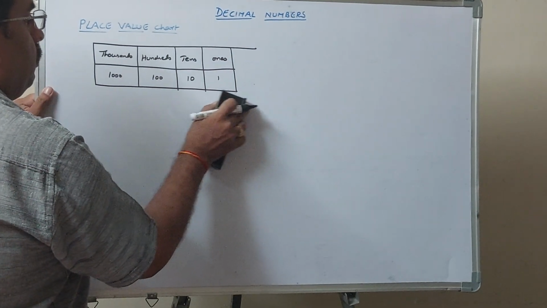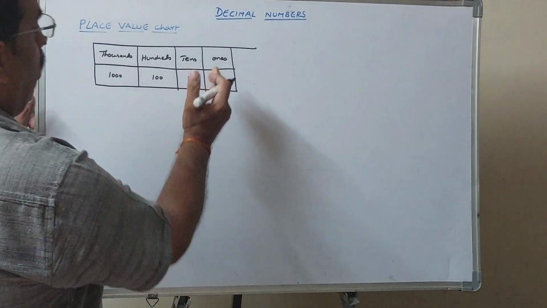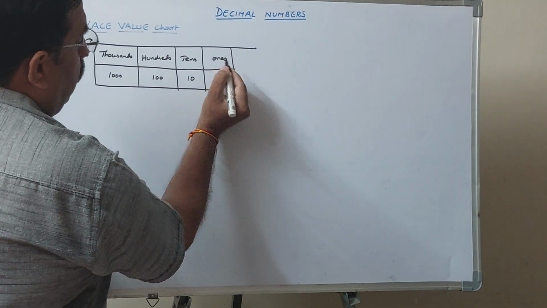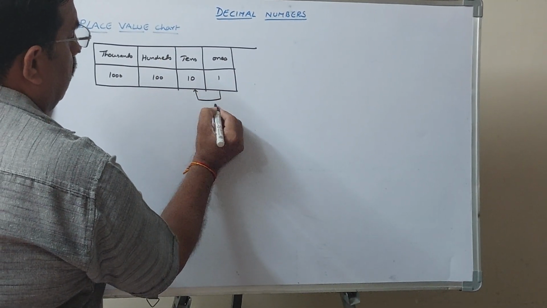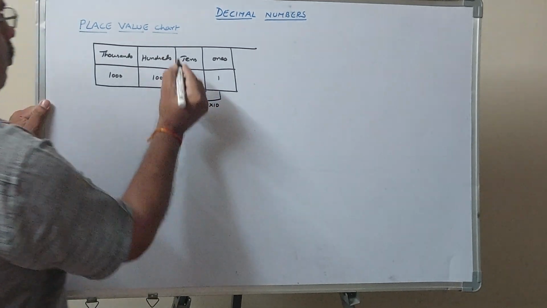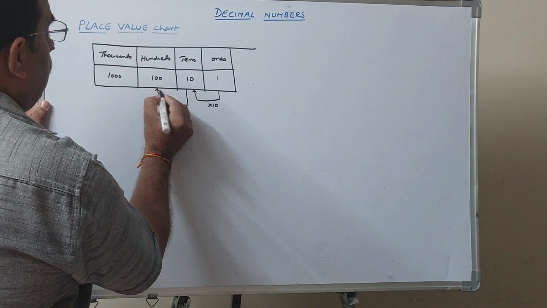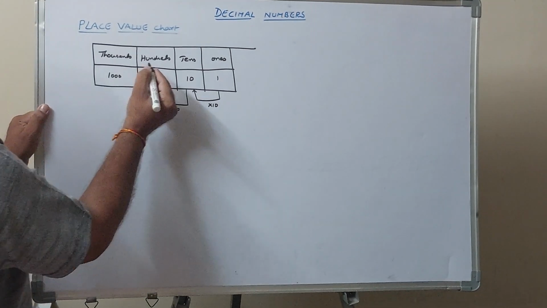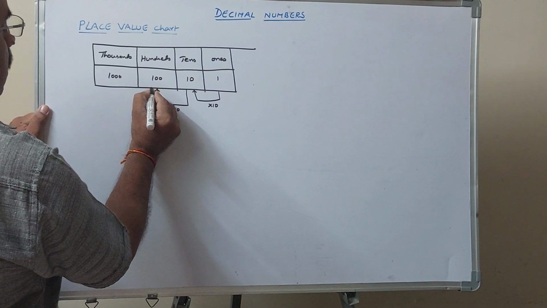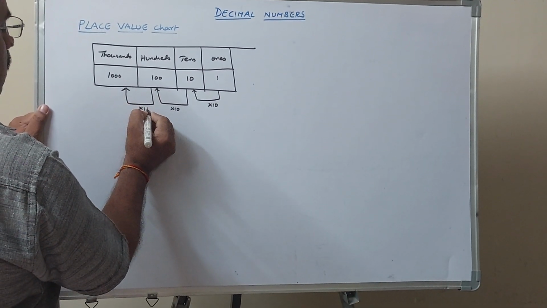From ones to tens, when we are going, we are multiplying with 10. From tens to hundreds, we are multiplying with 10. From hundreds to thousands, we are multiplying with 10.